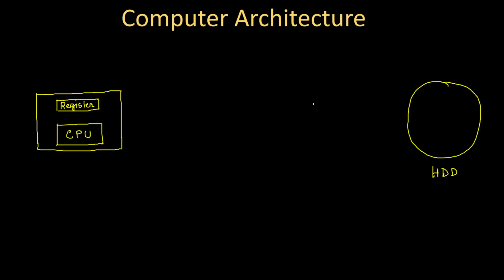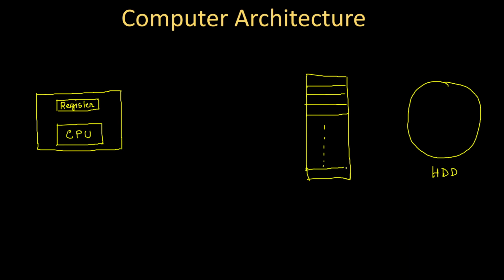That's why we have the presence of what we call RAM or primary memory, right? So RAM is basically this logical division I have done, but memory is nothing but something like an array, right? So this is my RAM. This RAM can communicate with this hard disk if required.